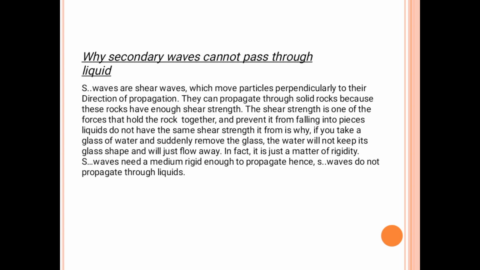Liquids do not have the same shear strength. This is why if you take a glass of water and suddenly remove the glass, the water will not keep its glass shape and will just flow away. In fact, it is just a matter of rigidity. Secondary waves need a medium rigid enough to propagate, hence secondary waves do not propagate through liquids.